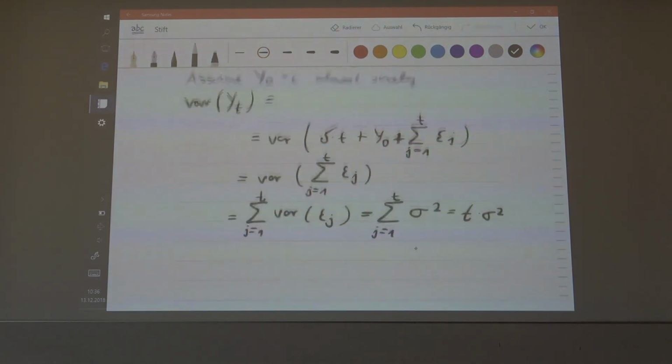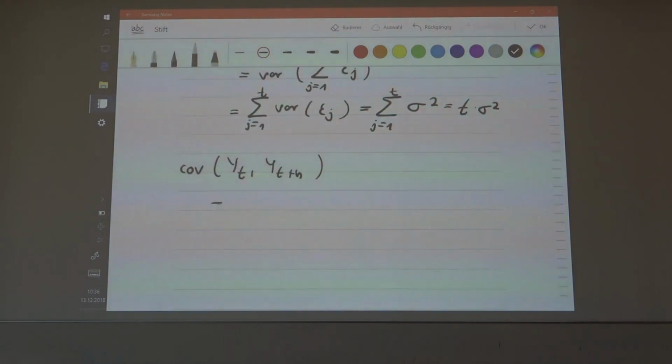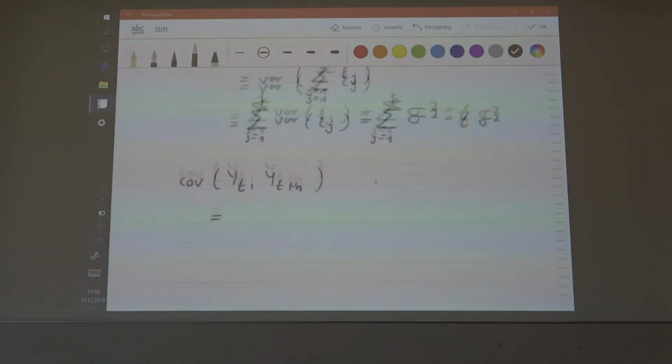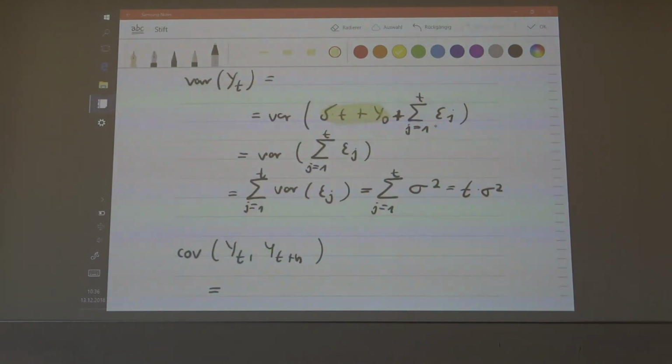Now what about the covariance, the autocorrelation? The covariance of y_t and y_{t+h}, where h is greater than 0. The covariance does not depend on the additive expressions, so it only depends on the sum.